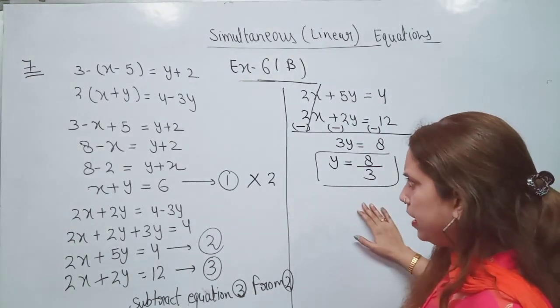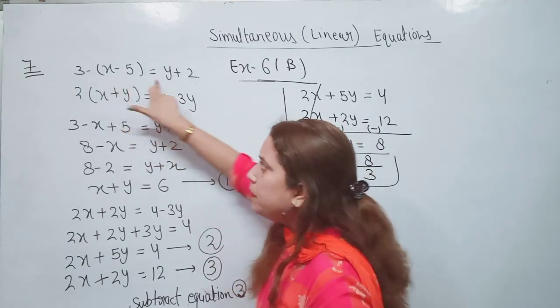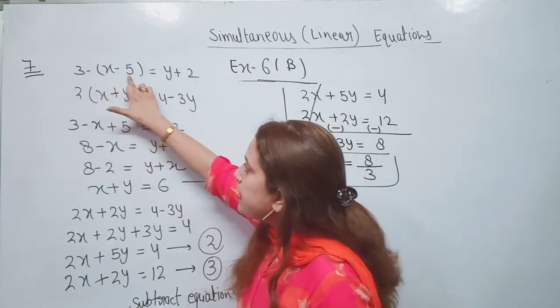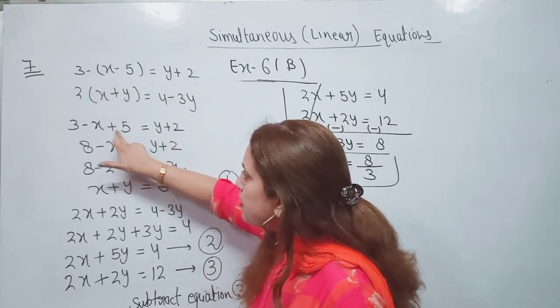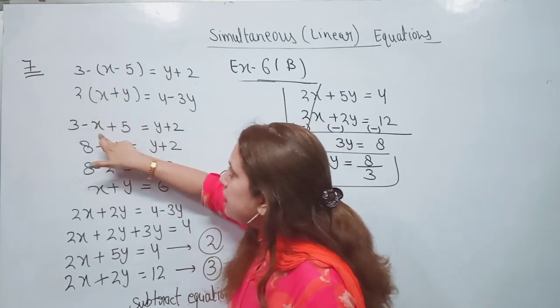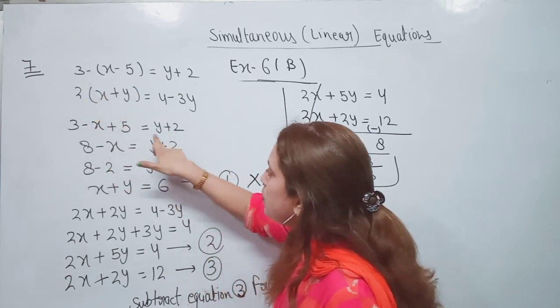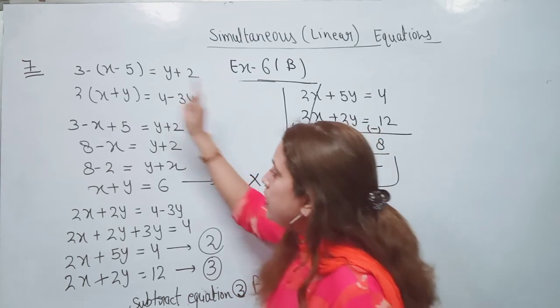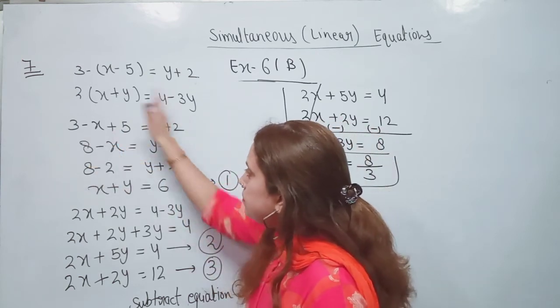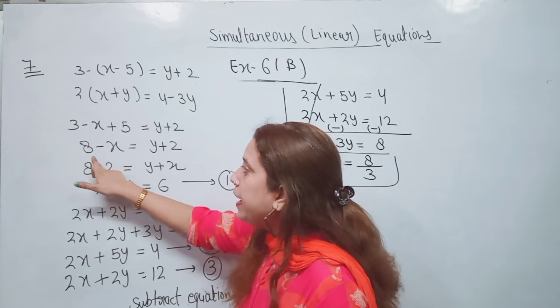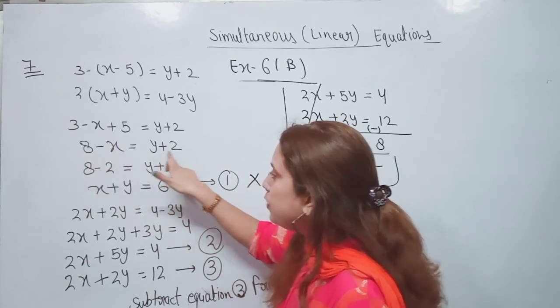You can check again. First we open the bracket, 3 minus x minus minus plus, so 3 minus x plus 5 is equal to y plus 2. 3 plus 5, 8 minus x is equal to y plus 2.